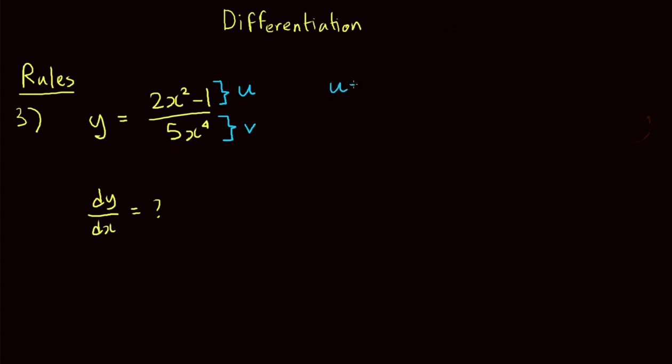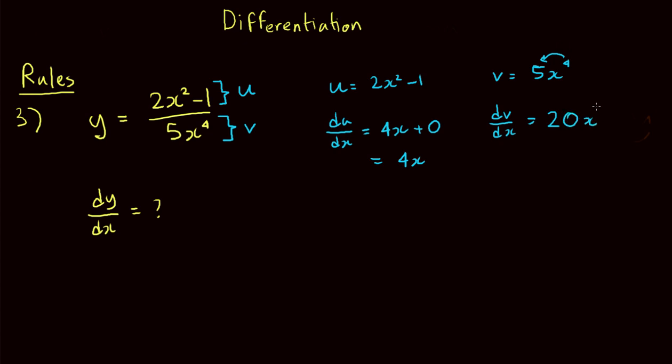So u is equals to 2x squared minus 1 and v is equals to 5x to the power of 4. So therefore du dx, when we differentiate it, would be 4x, and minus 1 we differentiate with respect to x will become 0, so we'll just leave it as 4x. Whereas if we take the dv dx, of course we're going to bring the 4 to that side, and we would end up having 20 x to the power of 3, because 4 minus 1 is 3.